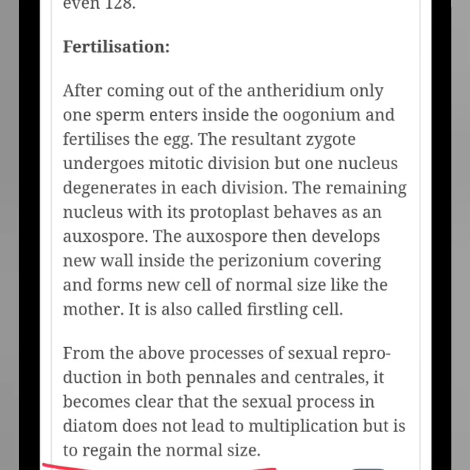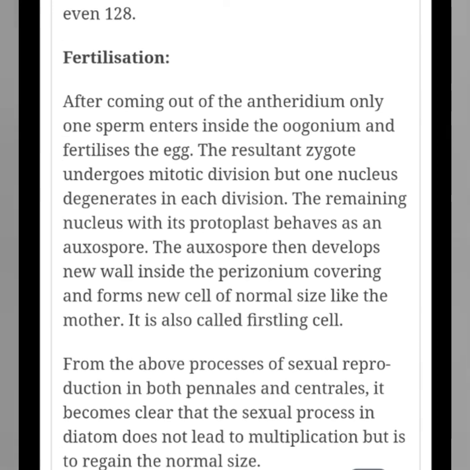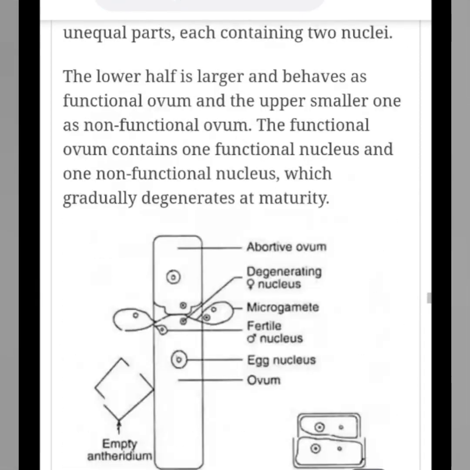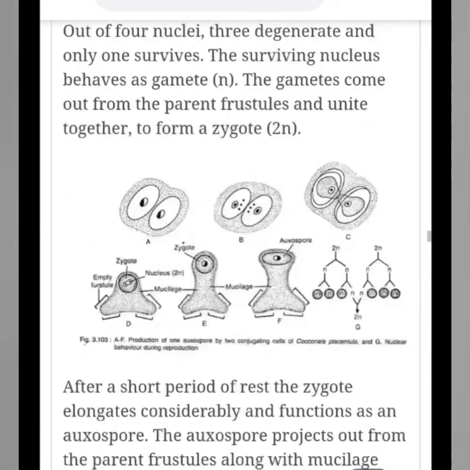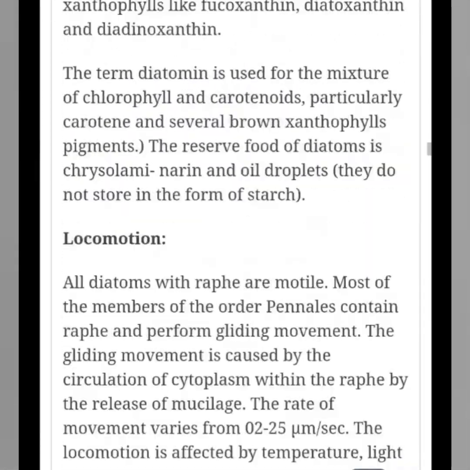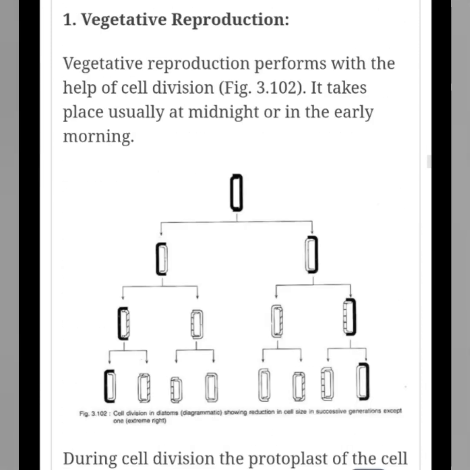You can clearly see from all these processes that sexual reproduction in diatoms does not lead to multiplication, the cells do not multiply, it's just that the cell regains its normal size. Remember, in cell division, the first one here, let me show you.